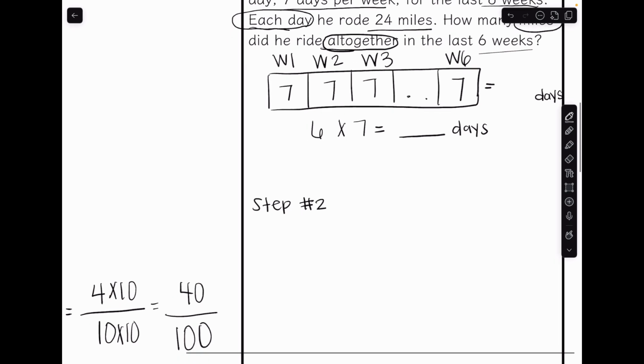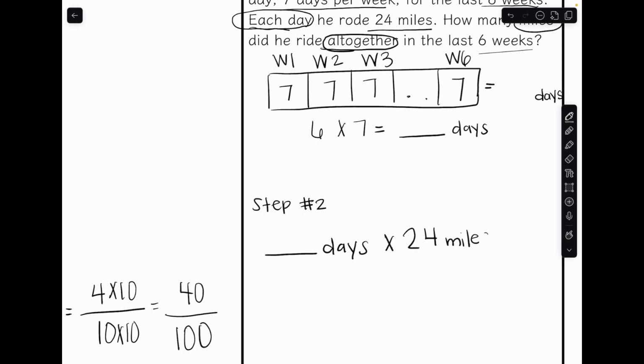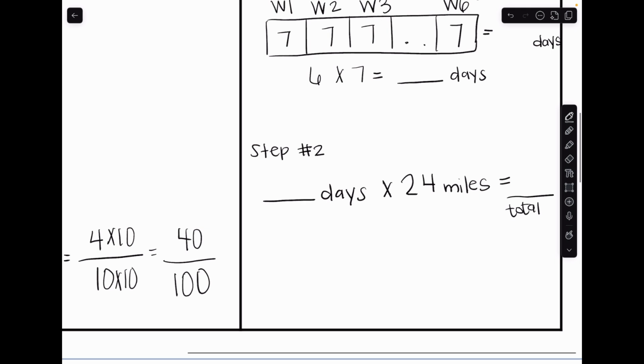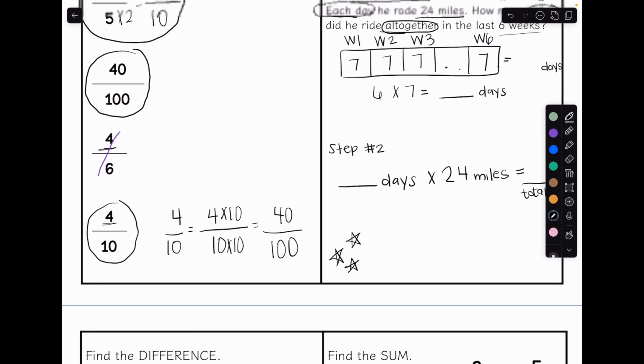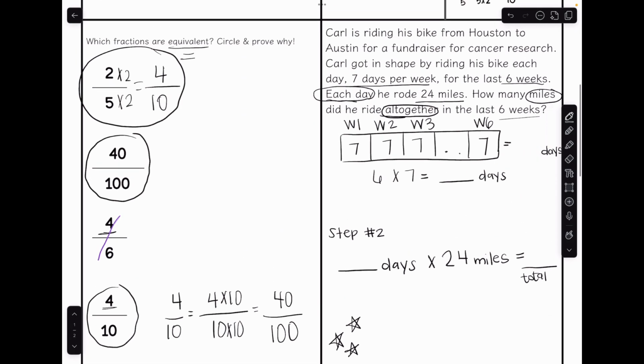So after you figure out your days, you're going to do the number of days times 24 miles to equal your total, okay? I know some of y'all are going to be like, Miss Henderson, come on. But I really want y'all to take your time and use your multiplication skills. Y'all got this. You can do a great job, okay?